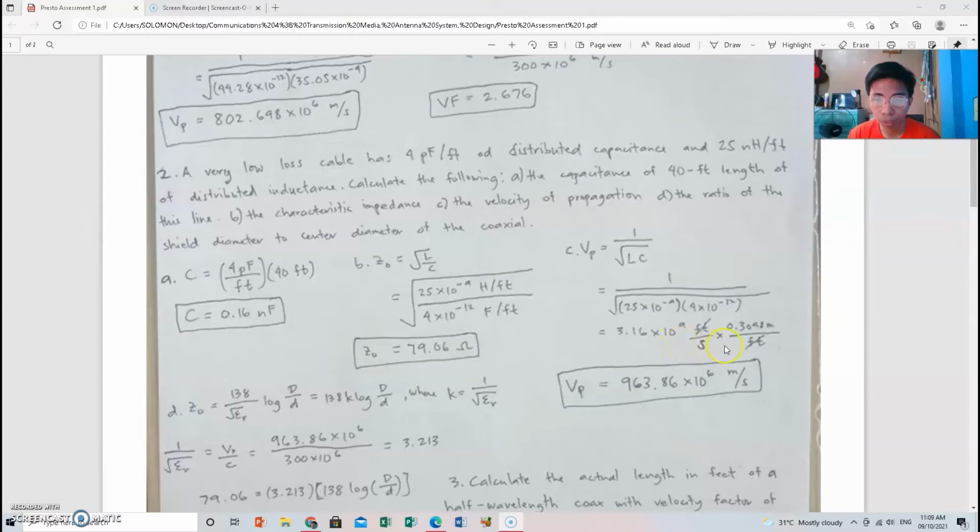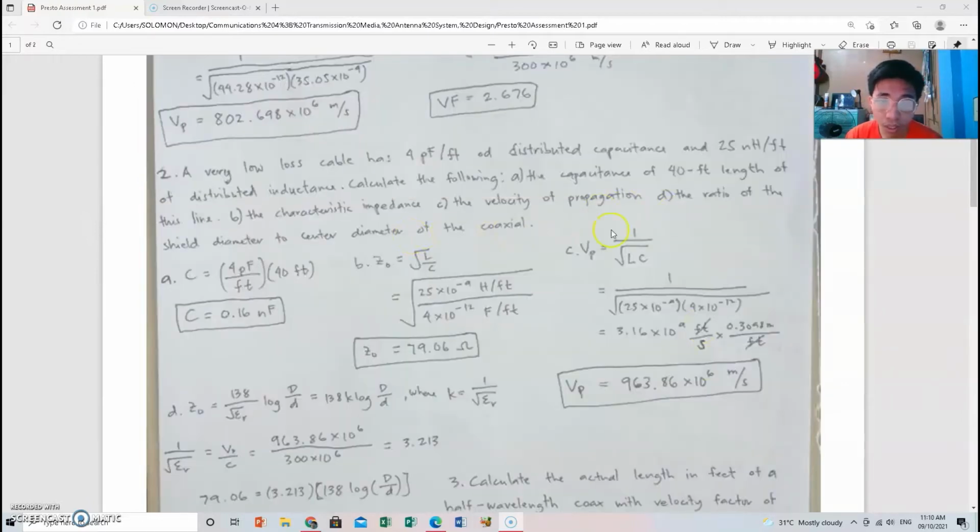And we wanted to convert this into meters per second, so just simply multiply it by the conversion factor, which is 0.3098 meters per feet. The feet units will cancel, and we will be left with meters per second unit. So the final answer, velocity of propagation, will be equal to 963.86 times 10 to the power of 6 meters per second.